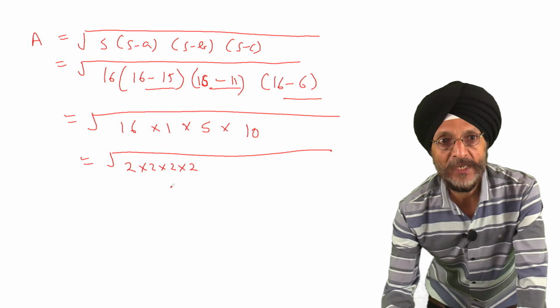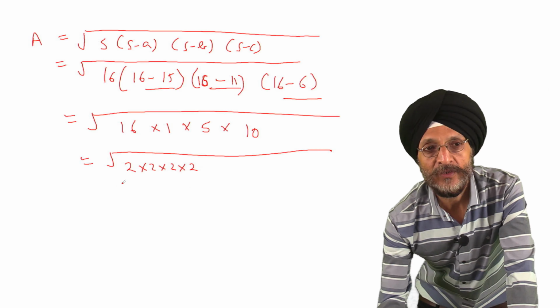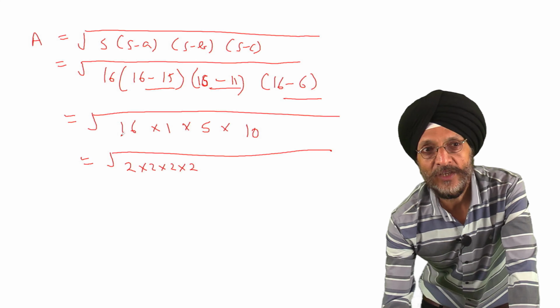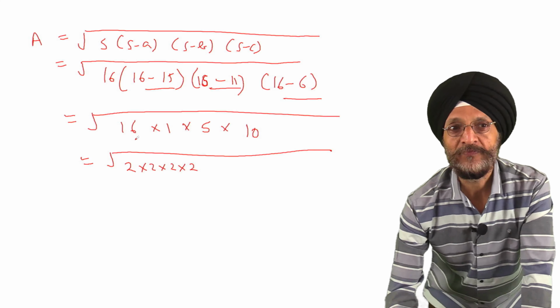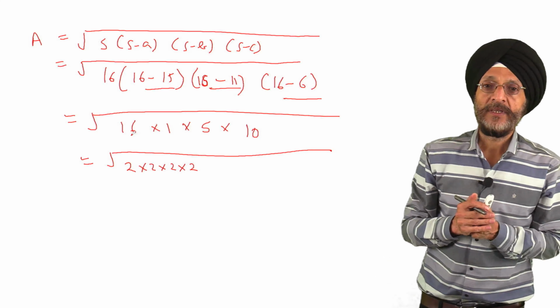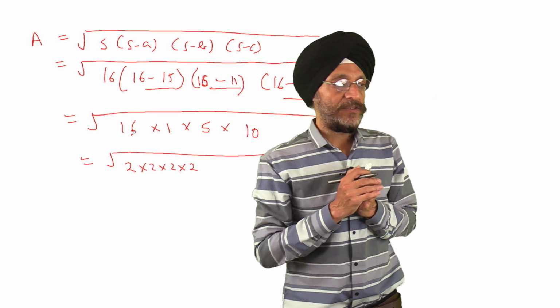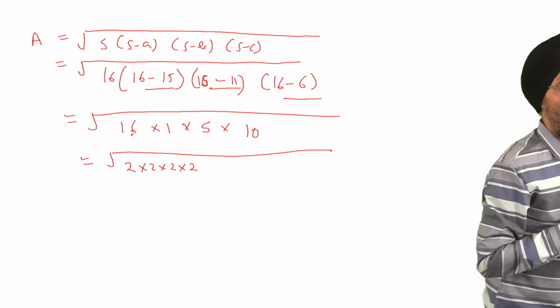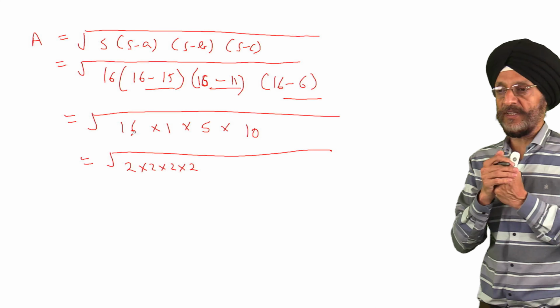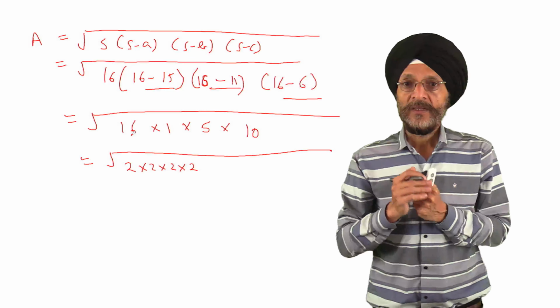So when we multiply these digits, the original number 16 will come out. Now what are the prime numbers? Prime numbers are those numbers which can be divided by 1 and the number itself, except 1.